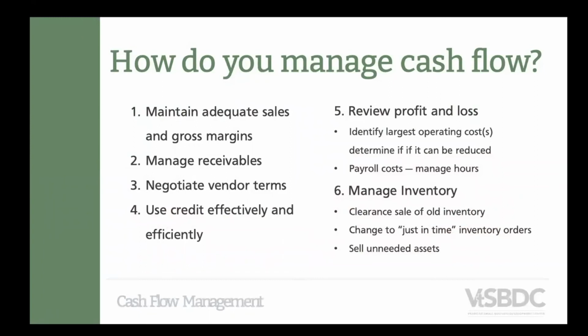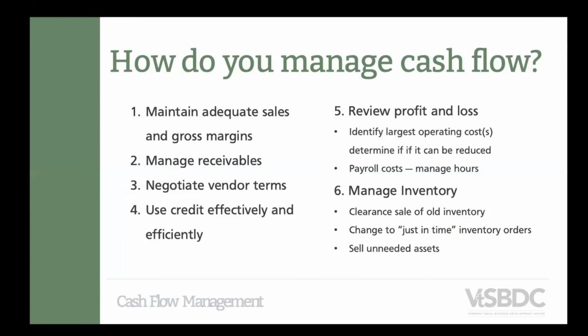All right. Number three, negotiate vendor terms. Oftentimes a business will pay their bills immediately when they don't need to, or we have vendors who simply have not loosened up the rules when a business has actually demonstrated that they're a solid credit risk and should have better terms. So if this is you, I would go immediately to your vendors and ask for better terms.